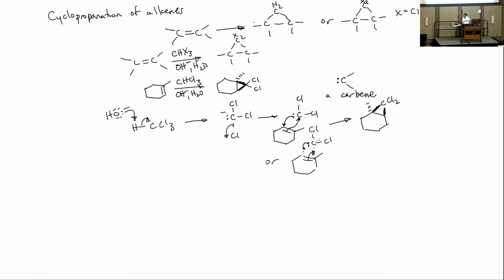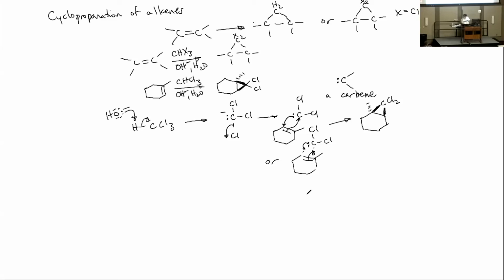The carbene then adds to the alkene in one step. It's really not that unlike the formation of the epoxide. It's kind of like adding that oxygen in the peroxy acid, except other things happen then too. So this is kind of a simpler mechanism. The carbene just adds across the alkene in one step.